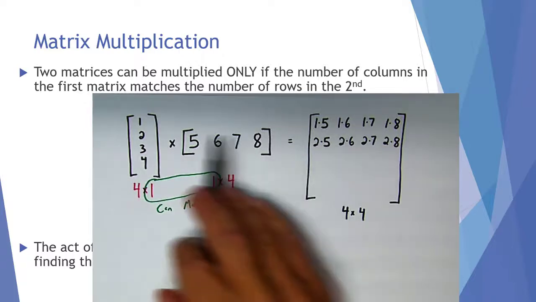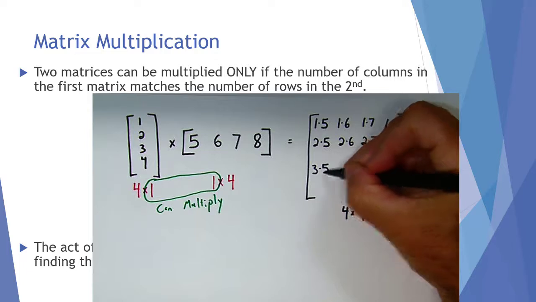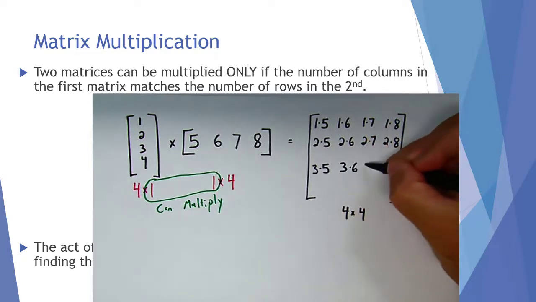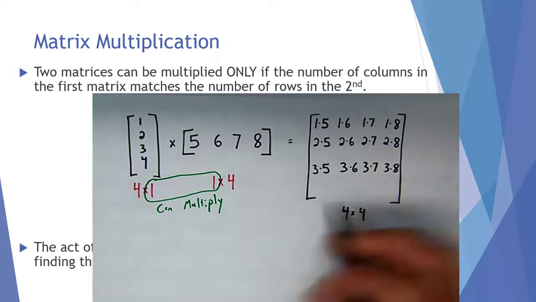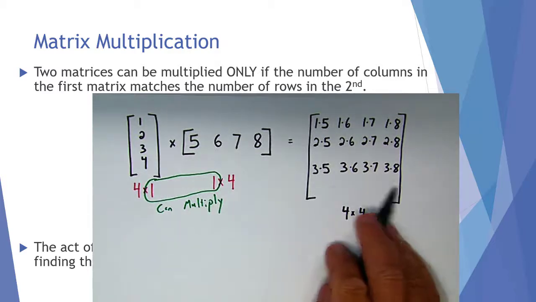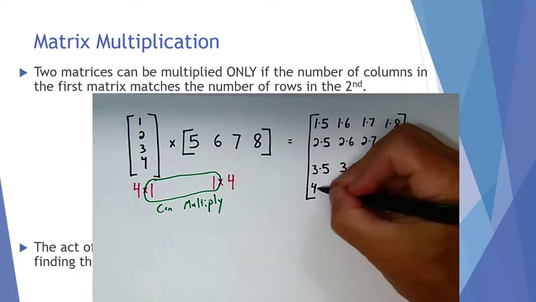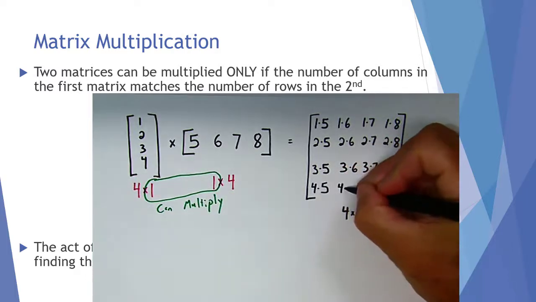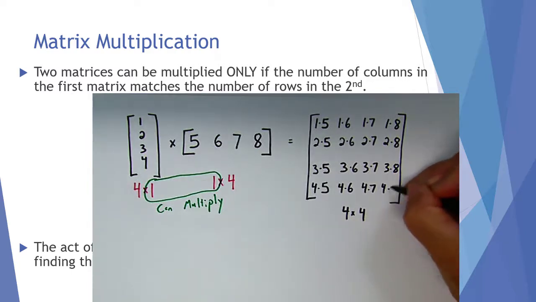Third row, first column, we're going to take the third row times the first column. That's 3 times 5, and so on. 3 times 6, 3 times 7, and 3 times 8. And our last row, first column, will be our last row times our first column. 4 times 5, 4 times 6, 4 times 7, and 4 times 8.